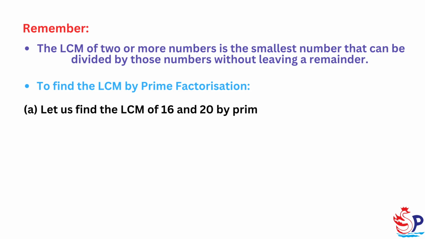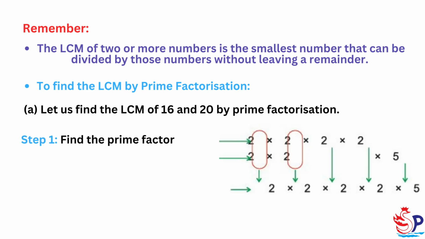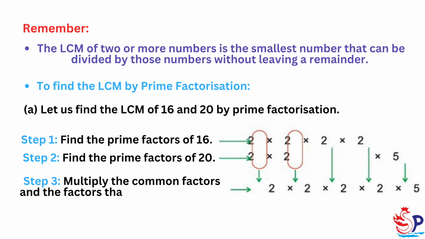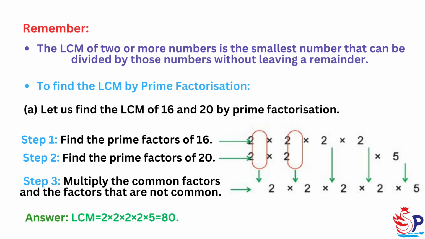A. Let us find the LCM of 16 and 20 by prime factorization. Step 1. Find the prime factors of 16. Step 2. Find the prime factors of 20. Step 3. Multiply the common factors and the factors that are not common. Answer. LCM equals 2 times 2 times 2 times 2 times 5 equals 80.